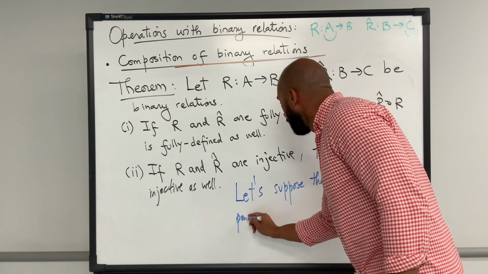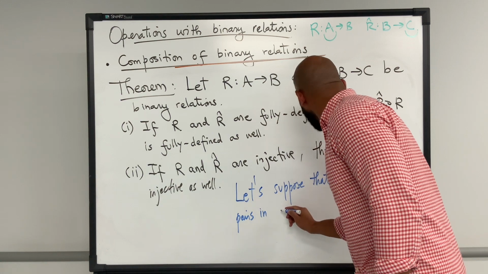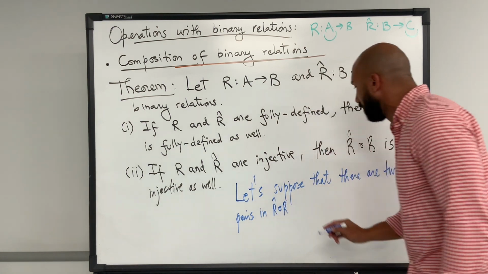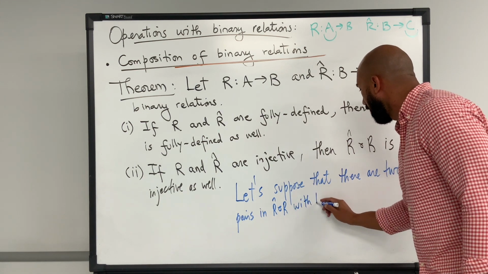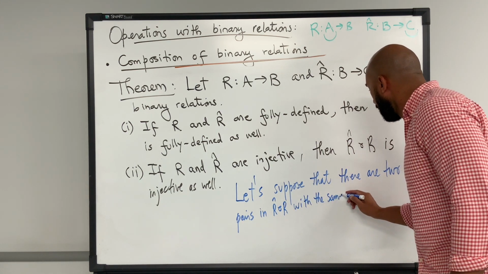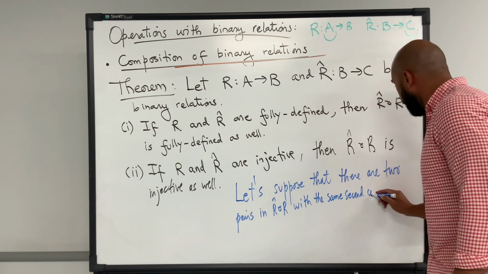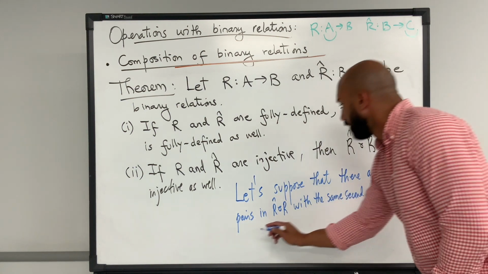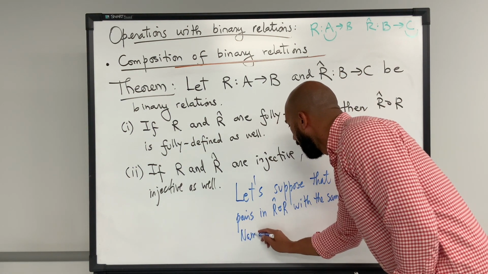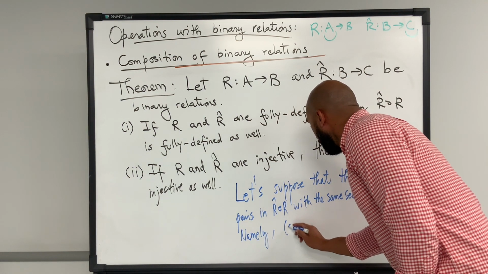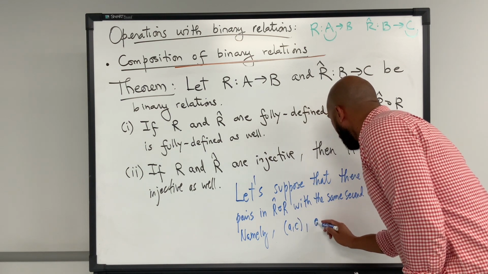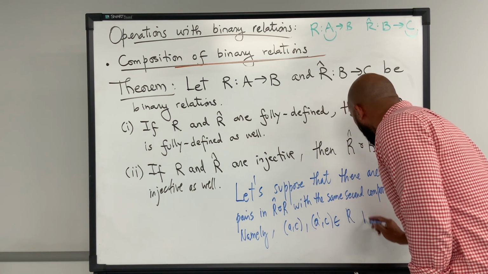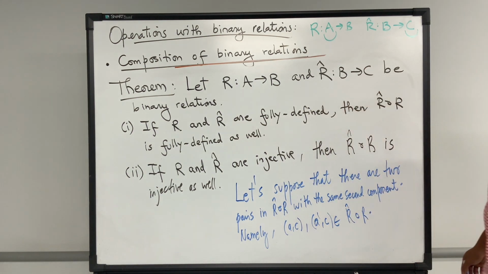There are two pairs in R composite R hat with the same second component. All right? So we have AC and A prime C both in R composite R hat.